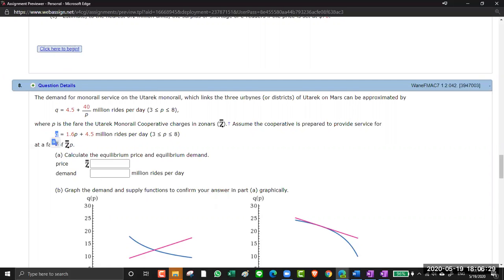Oh, that's odd. Anybody else have this issue? So the demand was negative.